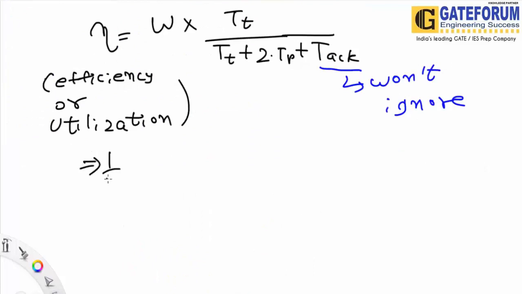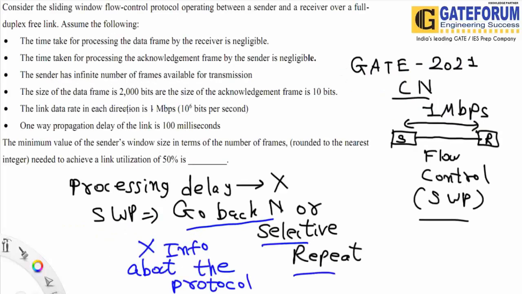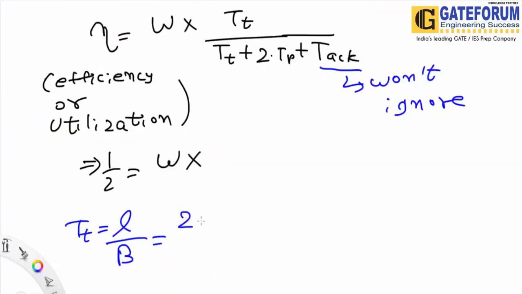So the formula is 1 by 2 equals window size times transmission delay upon the total. Let's calculate the transmission delay individually. Transmission delay is length of the frame upon bandwidth. The size of the data frame is 2000 bits and the bandwidth is 1 Mbps, so 2000 upon 10 raised to 6 bits per second.